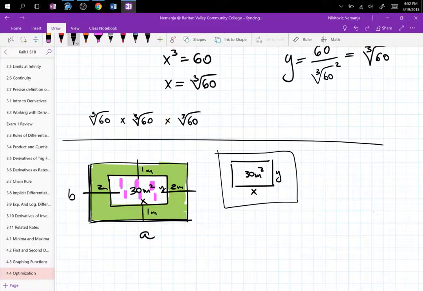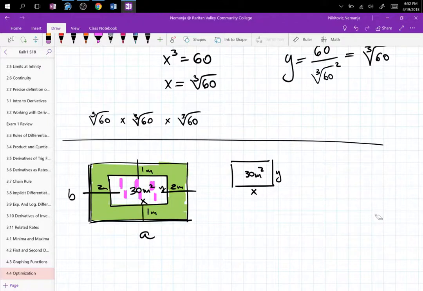So, what is the constraint equation? What do I have?